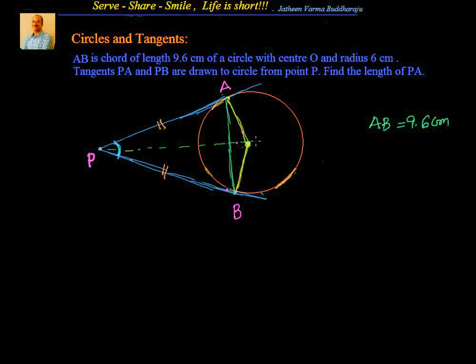So let me just put O. O is the center. So OA is equal to 6 centimeter. We have to find out what is the length of the tangent. We have to find out PA.